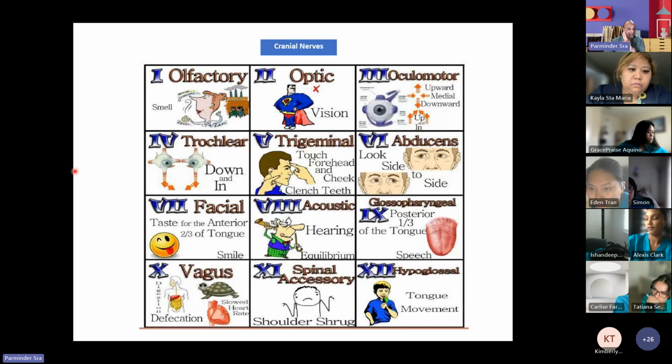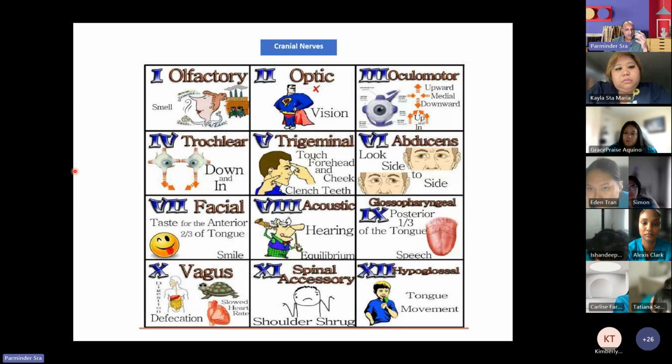Then your cranial nerve 2 is your optic vision. Actually, your 2, 3, 4, and 6 are with the eyes. So 2 is your vision. Then your 3 is once again with the eyes, but it's about the motor, oculomotor. You ask them to move the eyes, right?